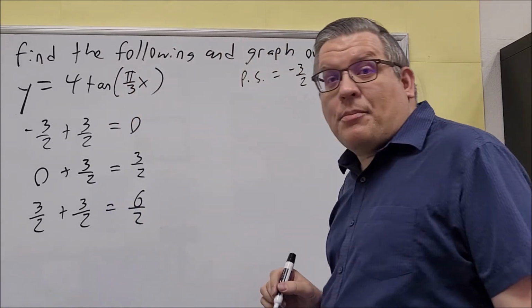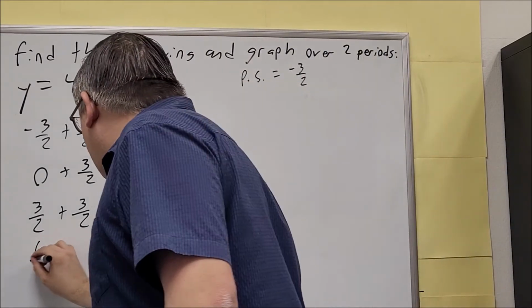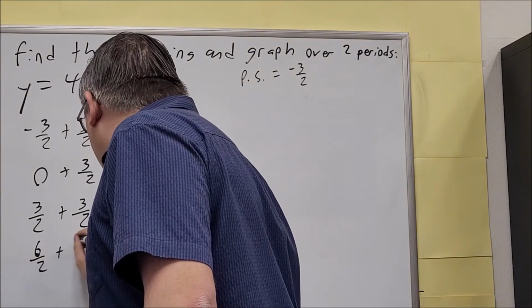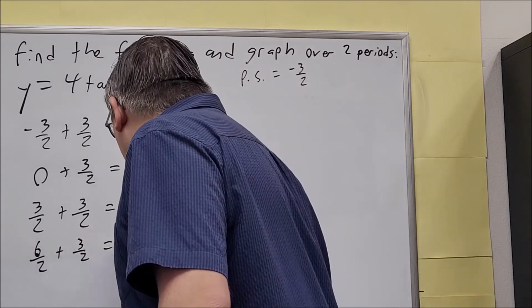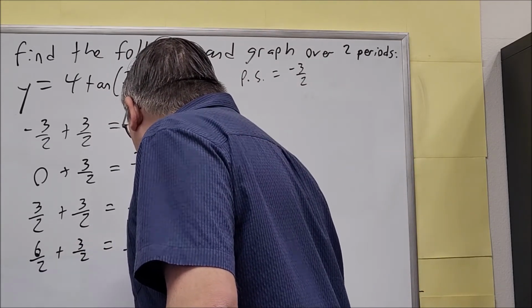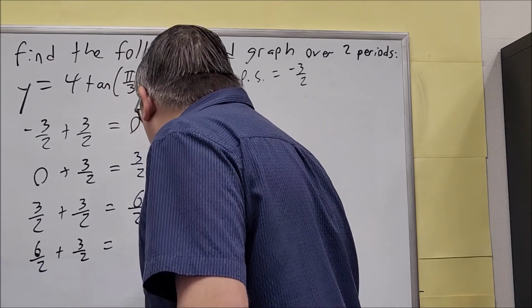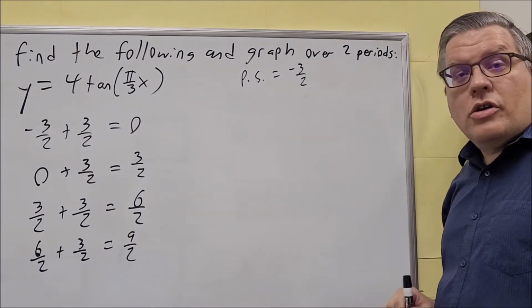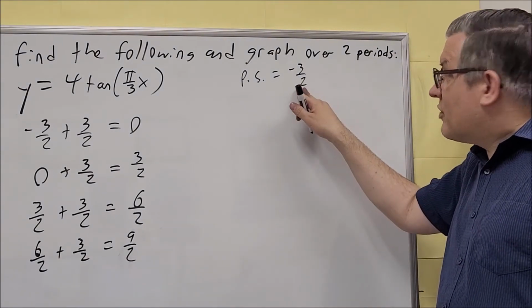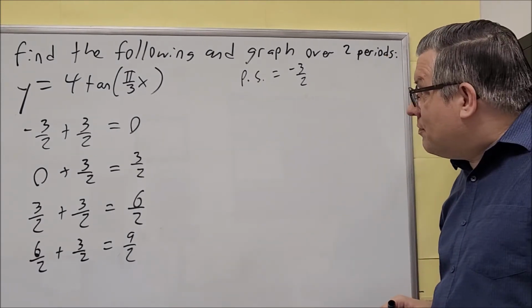Now I could reduce that, but I'm just going to leave it to make it easier for adding the last one. 6/2 plus 3/2 is going to be equal to 9/2. Sorry, 9/2. Now these are all your key points. Negative 3/2 is your first key point, and then we have these other 4 that come after that.